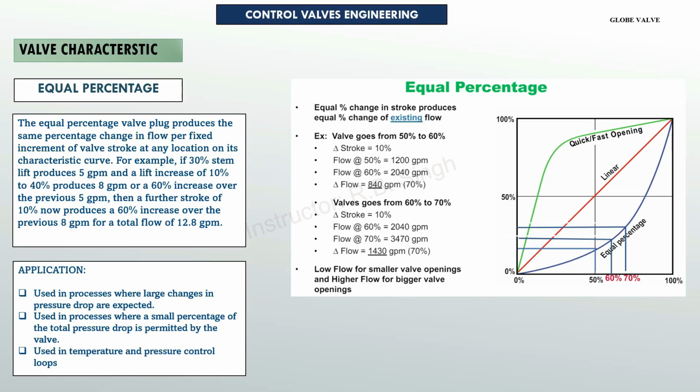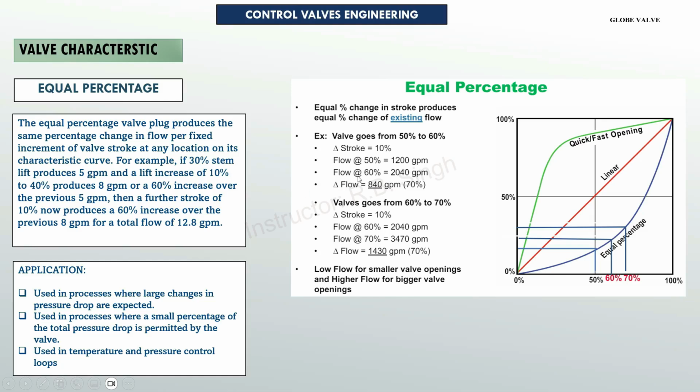Even though we changed the valve opening by 10% from 50 to 60, the percentage change in flow is the same from 60 to 70%. So this is the equal percentage valve characteristic. The equal percentage valve plug produces the same percentage change in flow per fixed increment of valve stroke at any location on its characteristics curve.